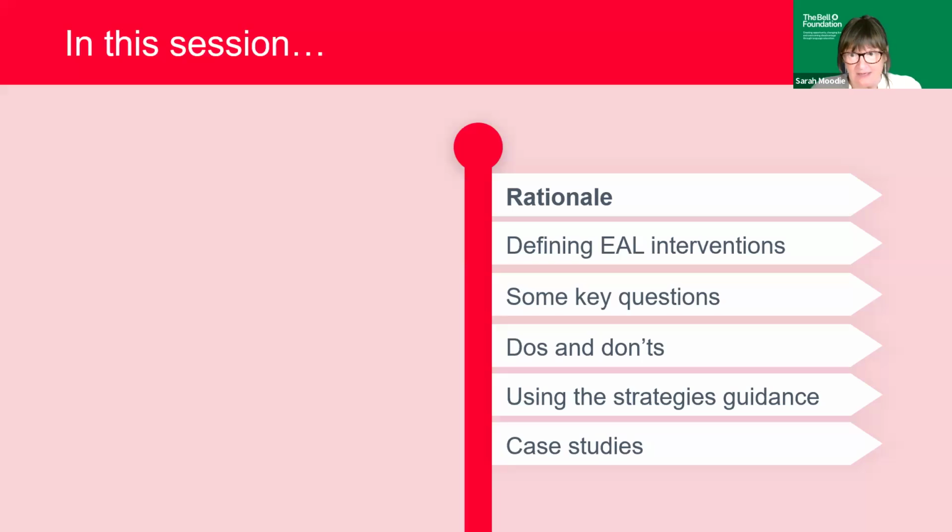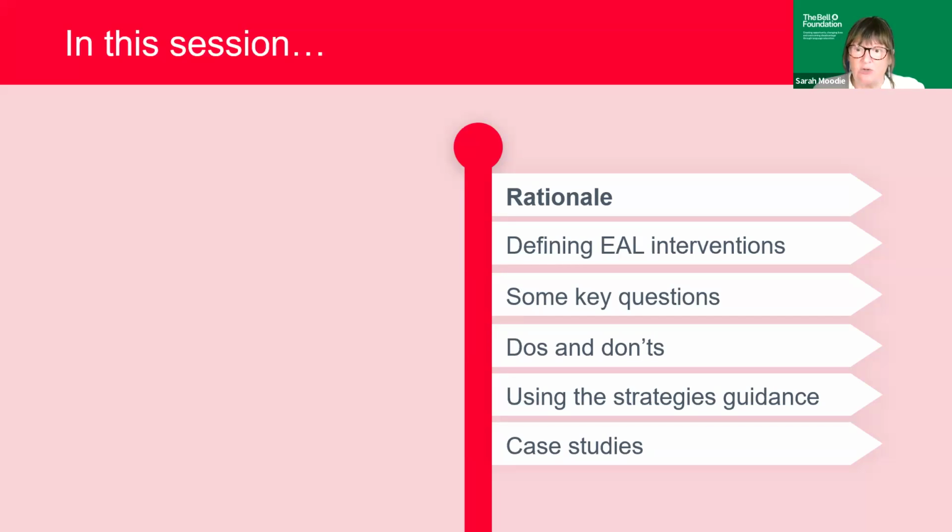This is the map for today's session. We're going to start with the why produce guidance about guidance, move on to the what, as in defining what we mean by an intervention, and particularly an EAL intervention. Then look at some more key practicalities around them. Then we'll cover some broad stroke do's and don'ts around the slightly controversial question of removing EAL learners from their classes.